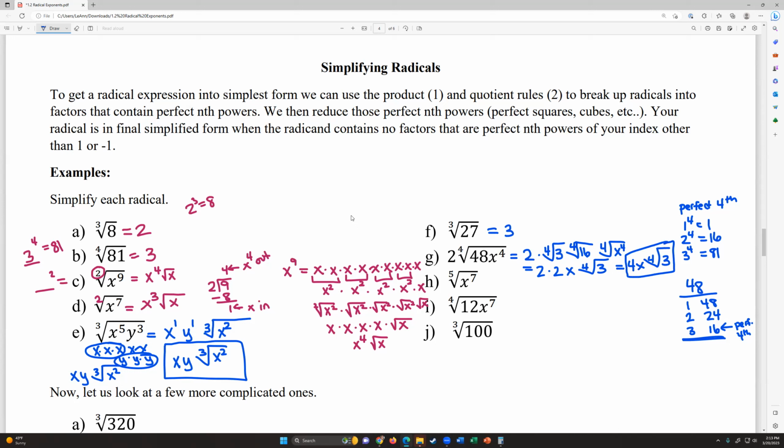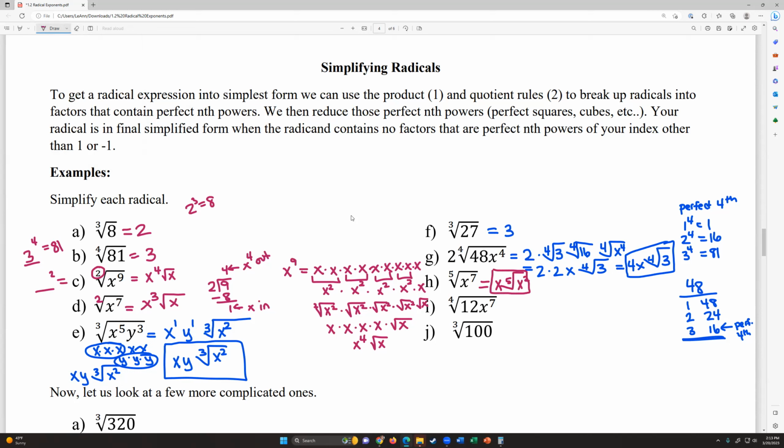So there's that one. Okay, for the next one, we're looking at just another base x again here. So 5, how many groups of 5 are in 7? There's going to be 1. So we'll pull out an x to the first for that group of 5 with 2 left over. So x times the fifth root of x squared.